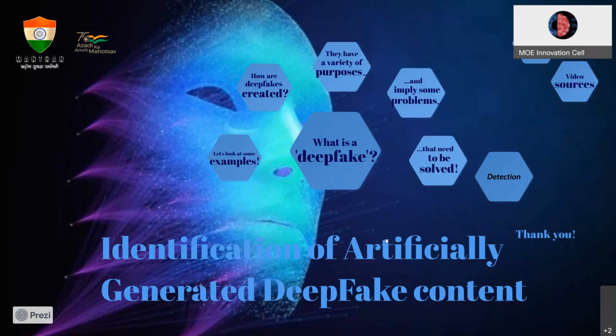Hi everyone, and today we have come with another session, and this session is similar to what we did in the previous session. Previous session we detected artificial molds, and this session we are going to detect artificial content. There are a lot of deepfake contents being generated these days.